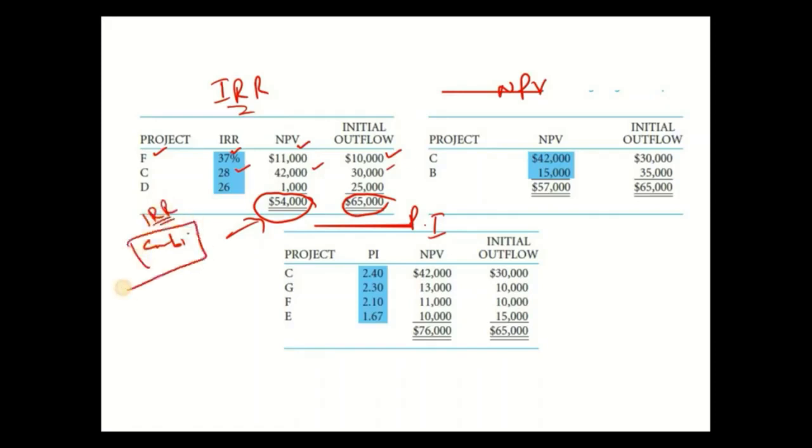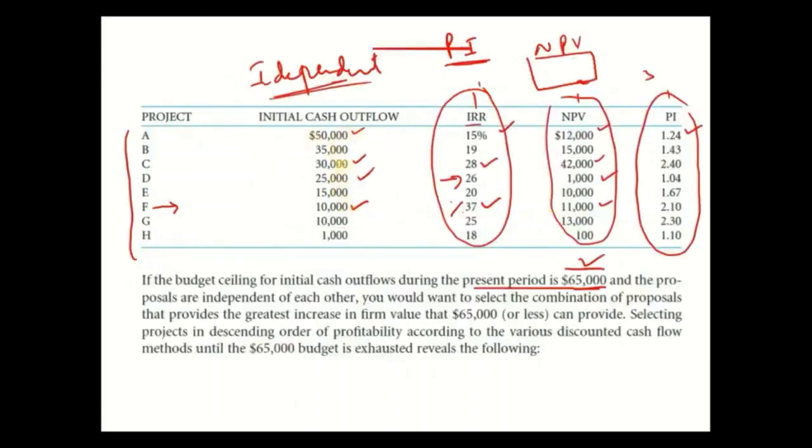Next combination, we are going to select the project with the highest NPV. Where is the highest NPV? This is the one, 42,000 is the highest NPV. Then after 42,000 we have 15,000, then 12,000.